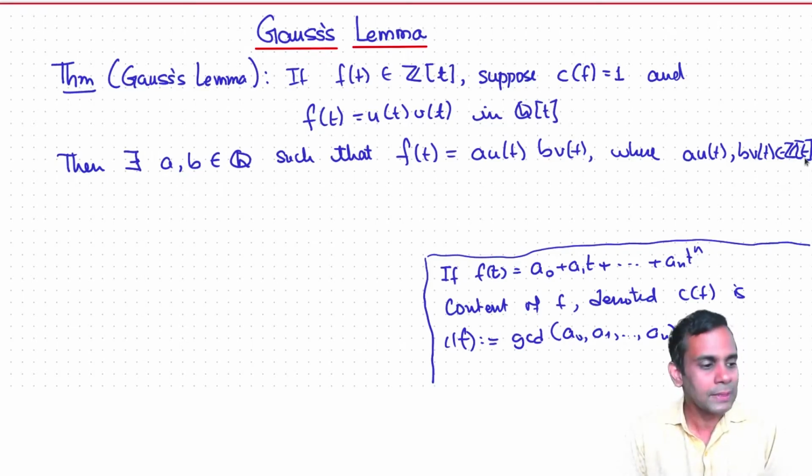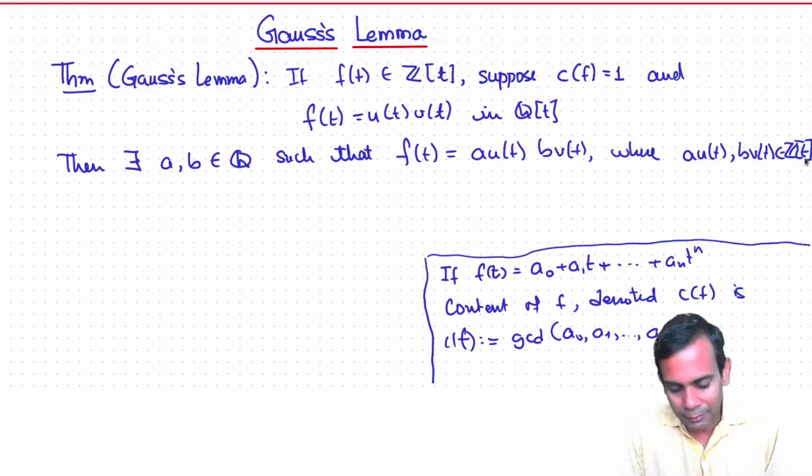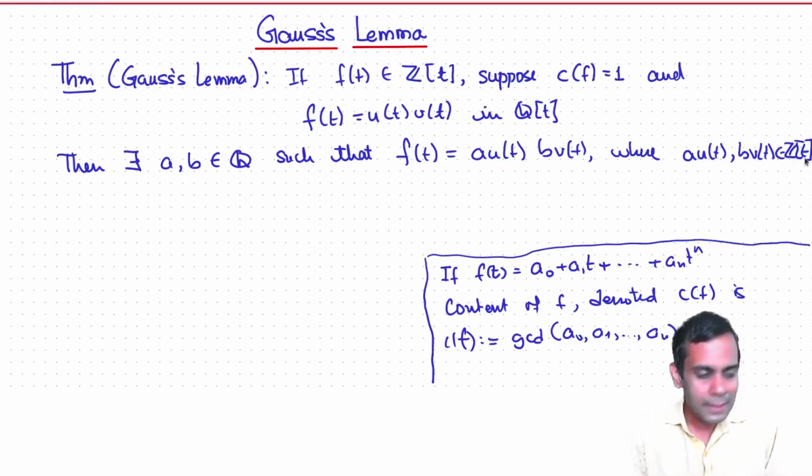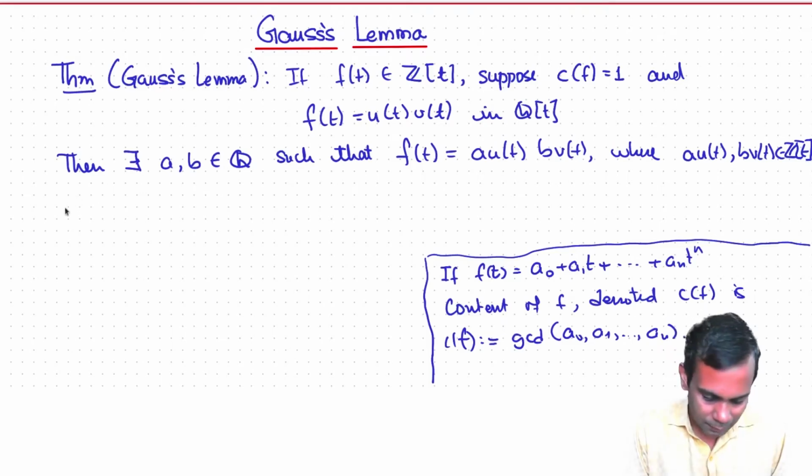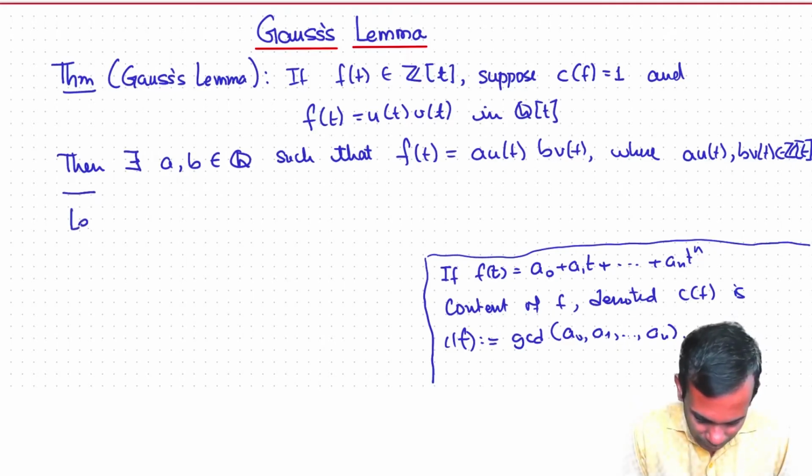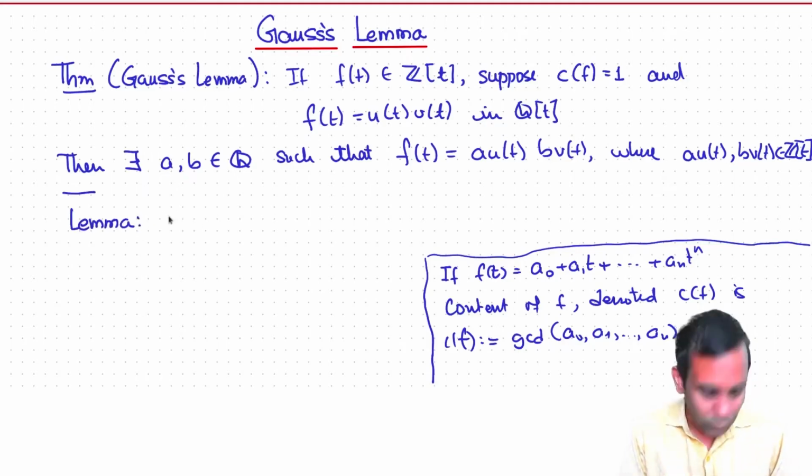And the proof of this theorem, Gauss's lemma, uses another lemma which is also due to Gauss, which says that content is multiplicative. So the proof uses the following lemma. This is also due to Gauss.